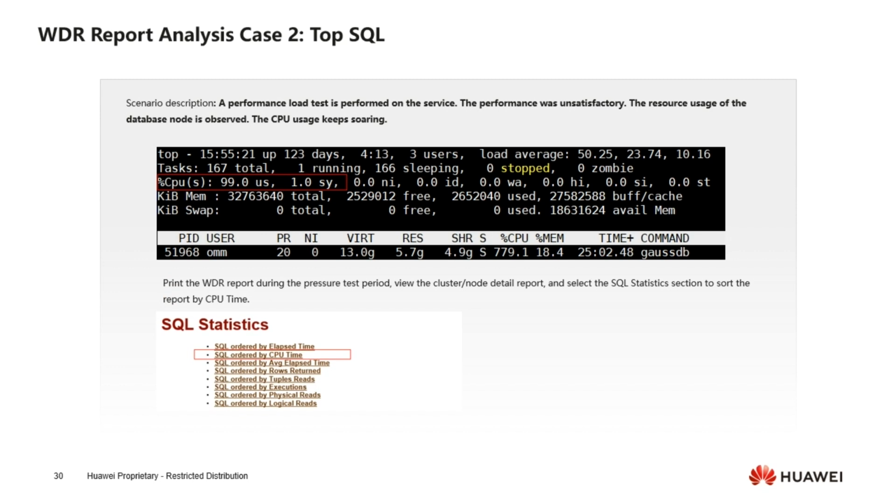Let's go through a few examples. The first one is to diagnose by using the top SQL information. In the case down here, someone is doing a load test on the service, and the result doesn't appear as we expected. Using the top command in the console, we can see that the CPU was fully occupied. In the WDR report, we then click on the SQL ranking by CPU time.